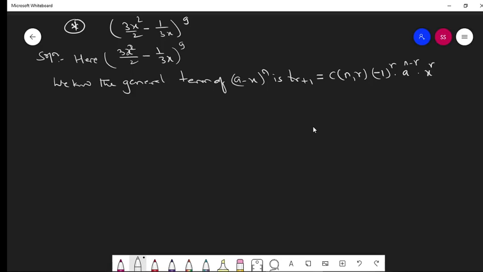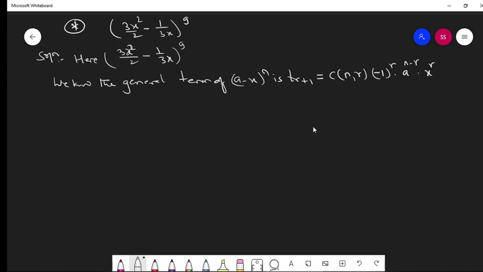So T(r+1) equals, in this case n is 9, C(9,r) times (minus 1) to the power r. A means what? First term (3x squared by 2) to the power 9 minus r. X is (1 by 3x) to the power r.